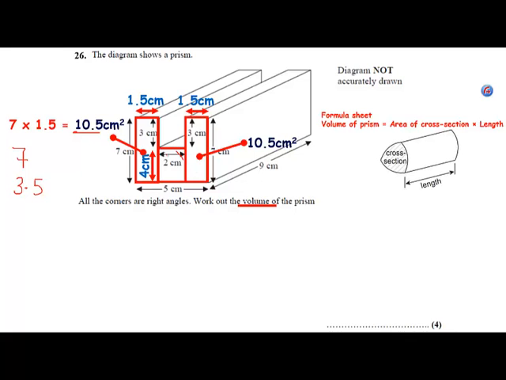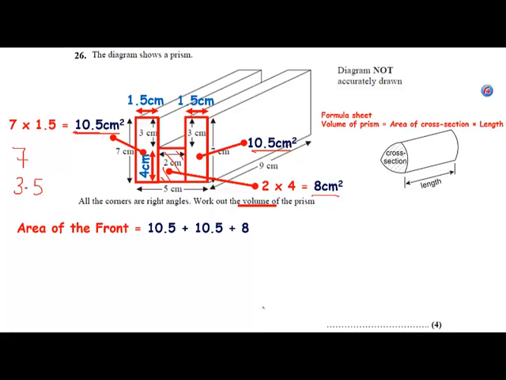The area of the rectangle in between them, this one in here, is going to be 4 by 2. 4 times 2 is 8, 8 centimeters squared. To work out the total area of the front, I need to add these 3 areas.